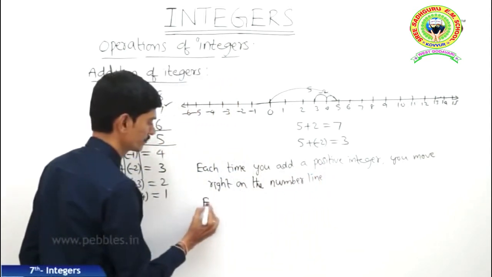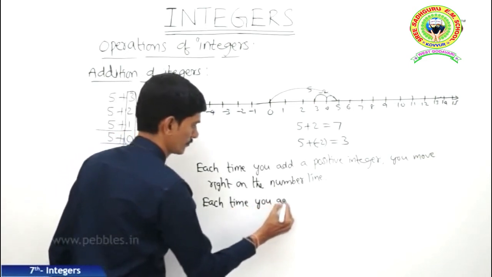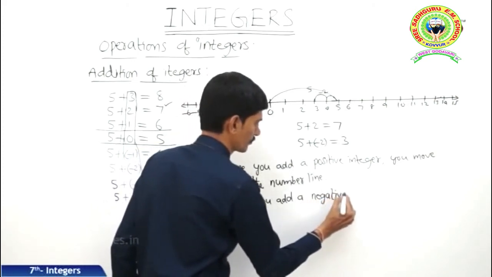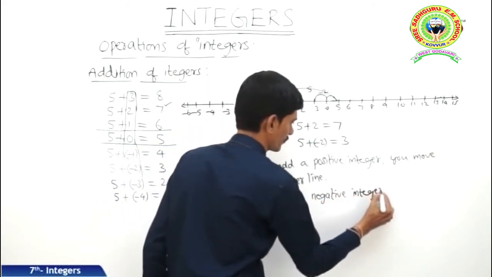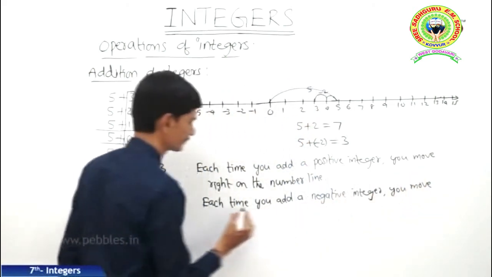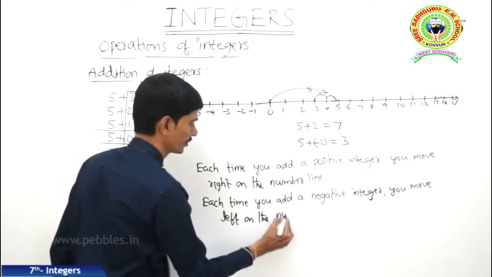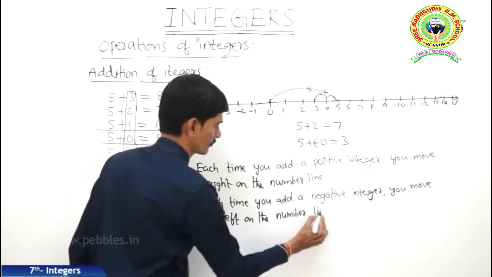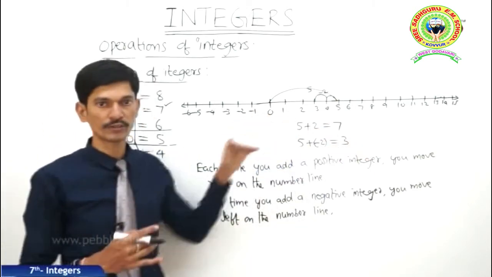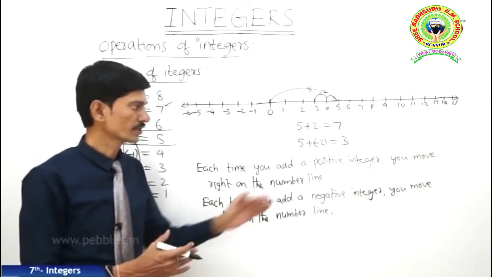Each time you add a negative integer, you move left on the number line. So when you add a positive integer, we move right on the number line, and when you add a negative integer, we should move left on the number line.